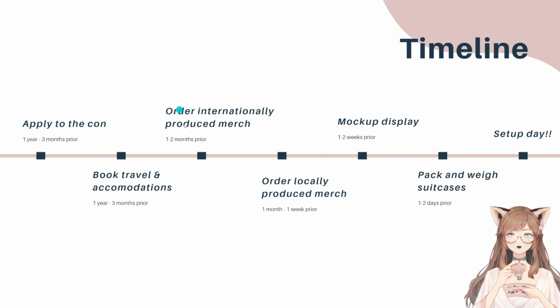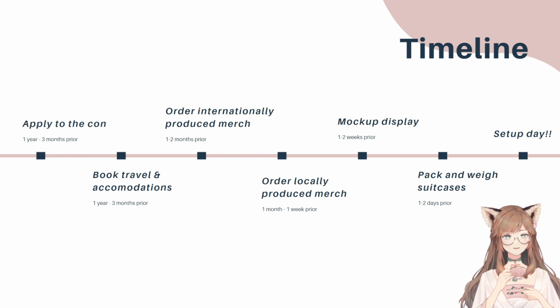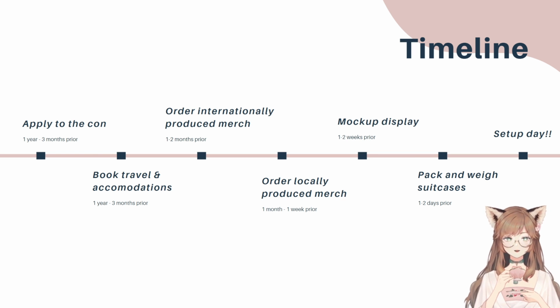And then once you know that you got in, you can book your travel and accommodation if needed. Especially for overseas, you might need to apply for a visa or some kind of selling permit. I know that for the UK, if I want to sell in the US, I have to apply for a seller's permit.